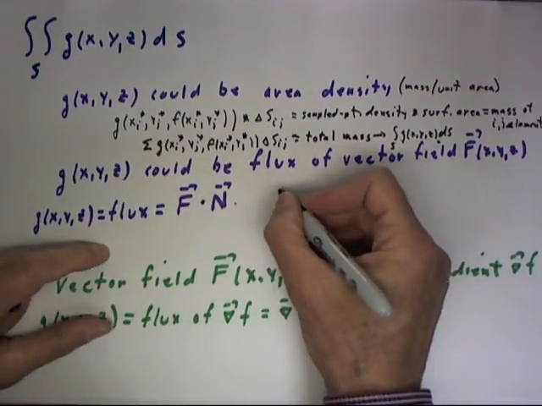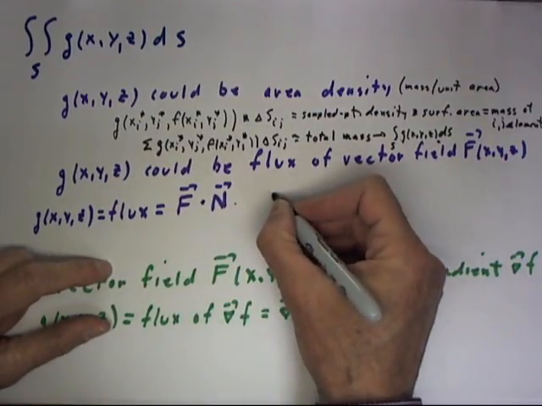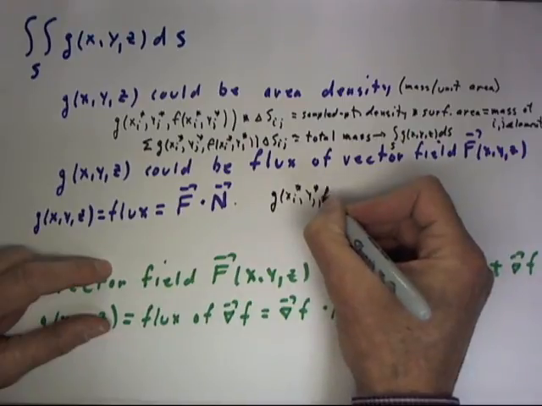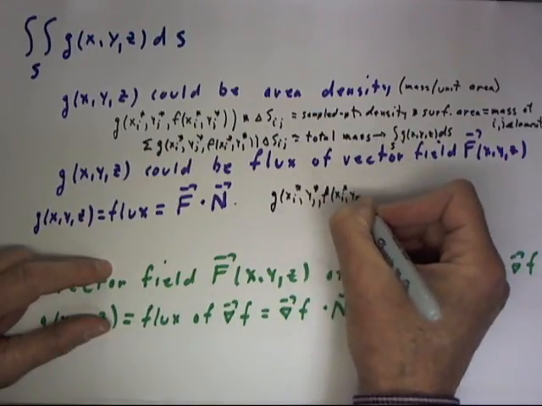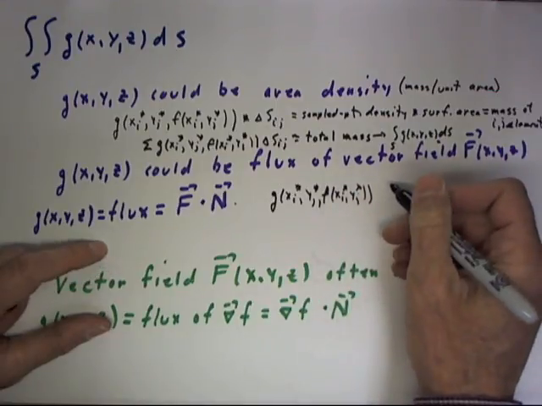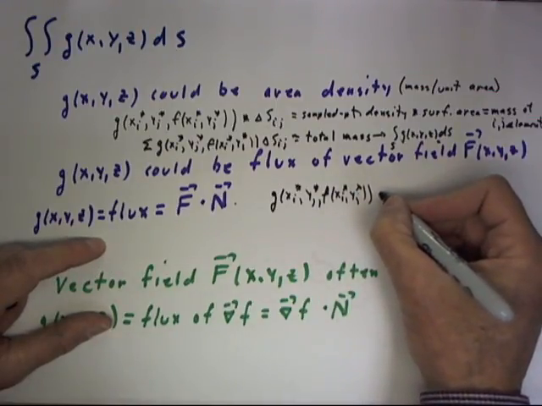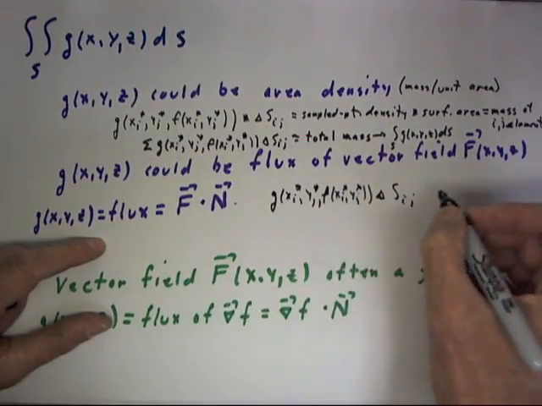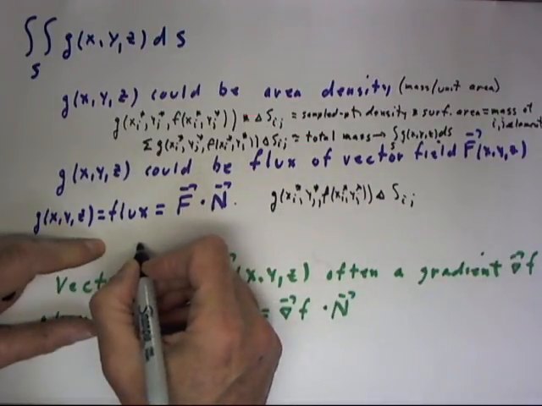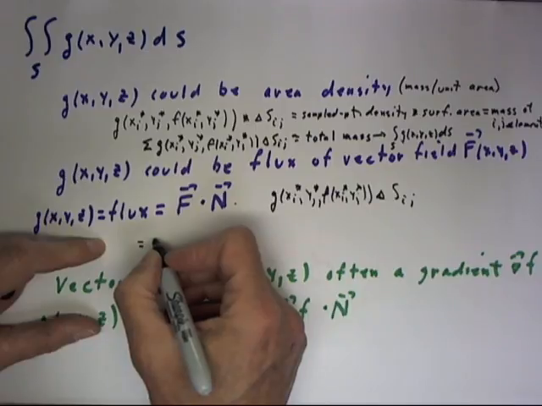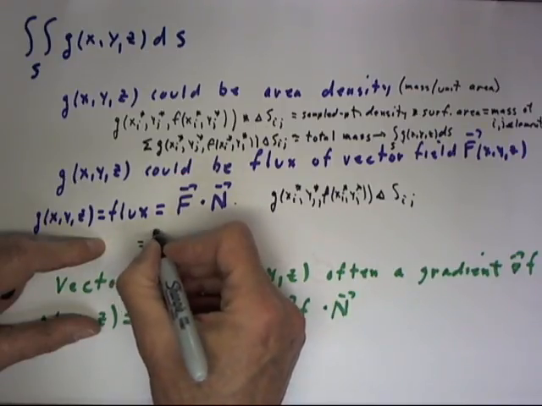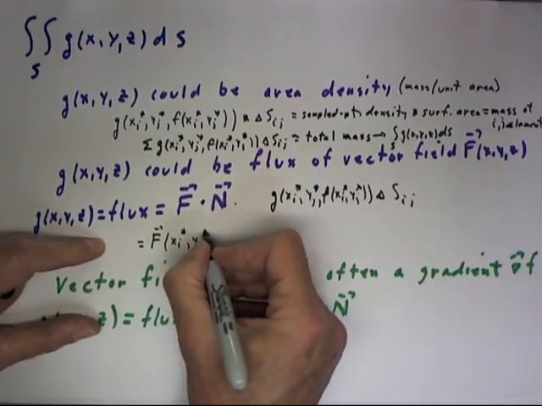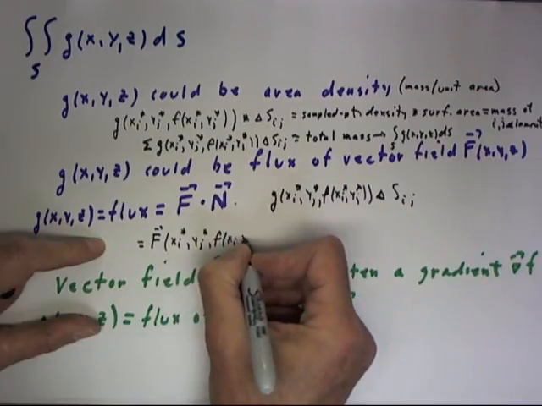Specifically then, g of xi star, yj star, f of xi star, yj star times delta S ij would then be the force evaluated at xi star, yj star, f of xi star, yj star.